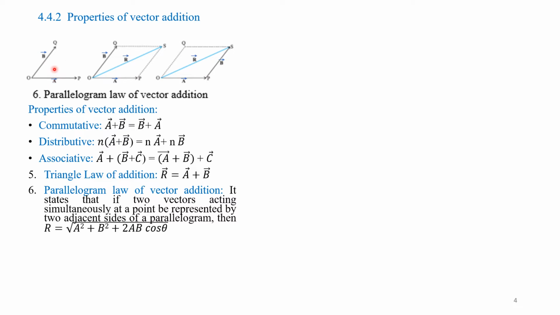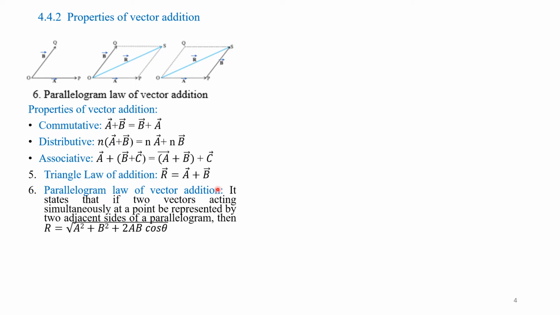That is, we draw a line parallel to OQ, the dotted line here, and join SP parallel to vector A. If you draw like this, the resultant OR is equal to OS, sorry, the resultant R is equal to vector A plus B.